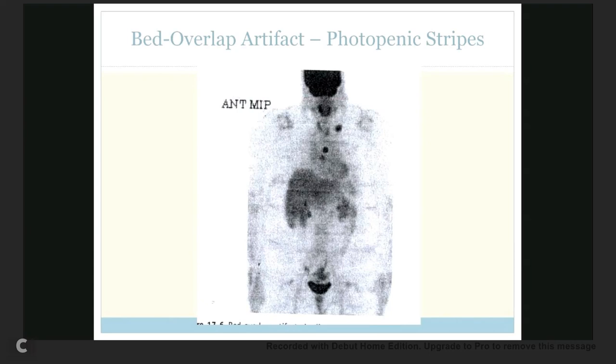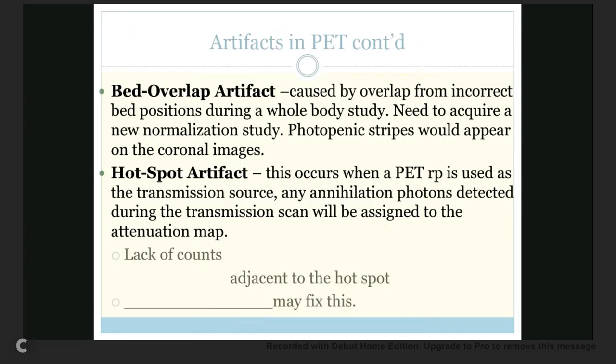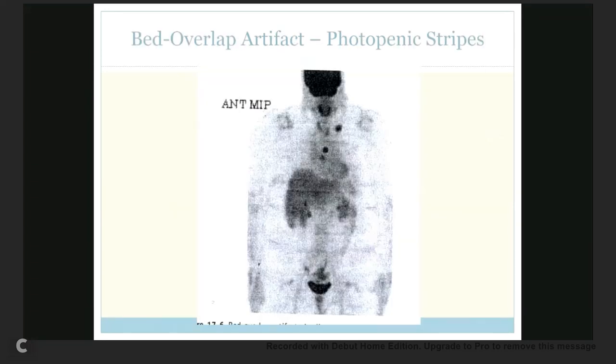All right, so this is your overbed. Oh, your pictures are bad. So the answer was filters, correct? The answer is increase your time and change your filters. All right, so this one is your bed overlap artifact, where it's going to look photopenic.